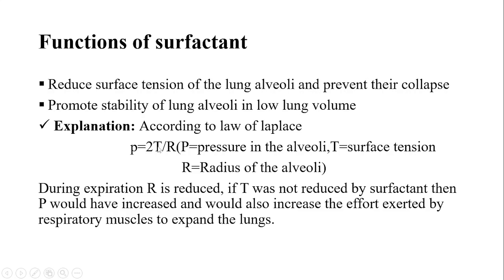The law is 2T by R, so naturally if the radius is decreased while the surface tension remains constant, the pressure will automatically increase. If the pressure is increased, that will collapse the alveoli. So if we want the alveoli to remain in their normal position and prevent them from collapsing, we must decrease T, the surface tension, while the radius is decreasing.